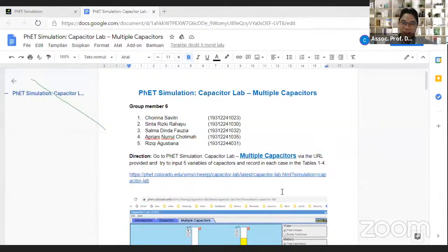Or you are trying to get used to the screen share. Maybe you just scroll down to table 1 and then present the findings. That's okay. Don't worry about right or wrong, because you just play with the PhET simulation and record the findings. What we try to practice is doing the experiment.